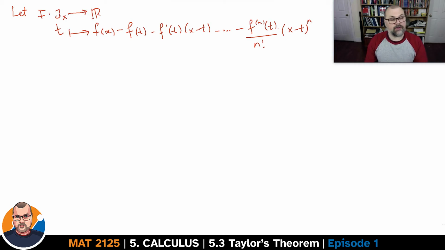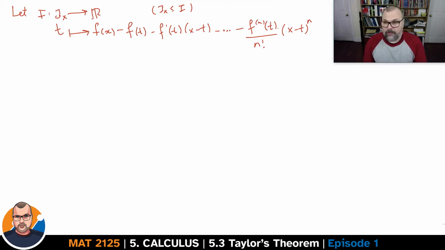And we know that this exists because all of the derivatives are known to exist on the interval (a, b). And we've picked our x and our x0 by assumption so that J_x is actually contained in the interval (a, b). So this function is well defined.